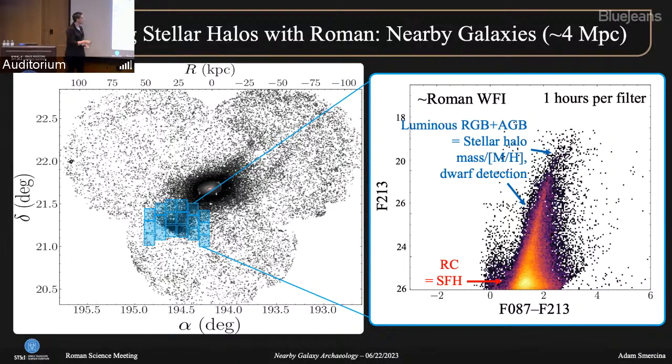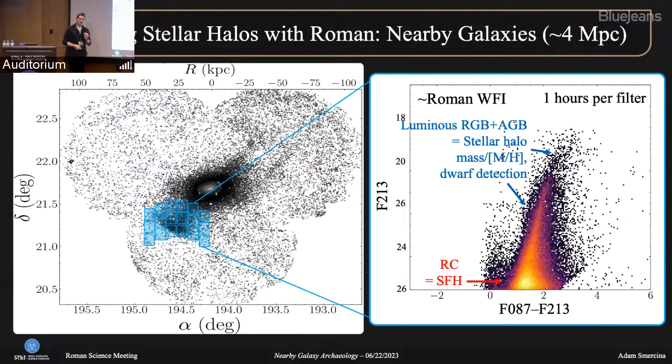I'm showing an example here of a Roman field over top of the brightest shell feature in this M64 halo. You can see it covers the entire thing in one go. With only about an hour of integration time per filter, you can get this lovely looking color magnitude diagram like I'm showing over here in these red and near infrared filters, where you resolve the entire evolved stellar population, the entire red giant branch and asymptotic giant branch.